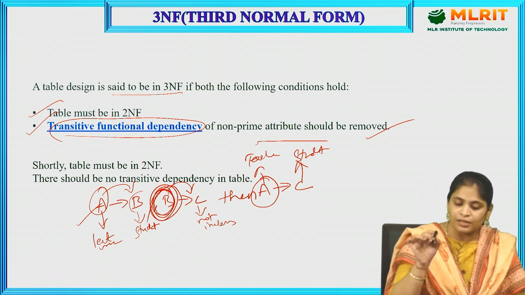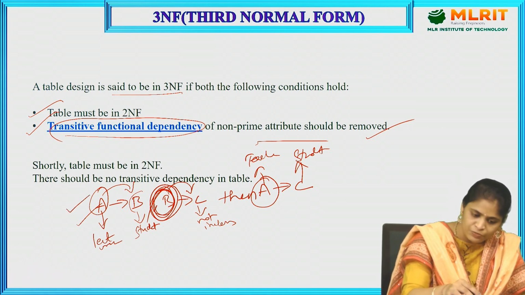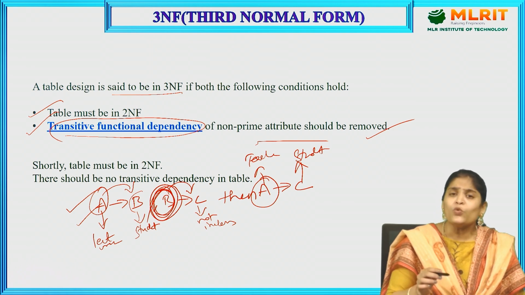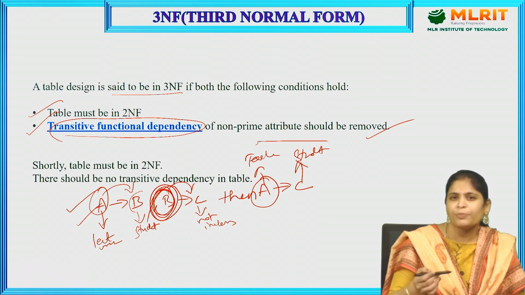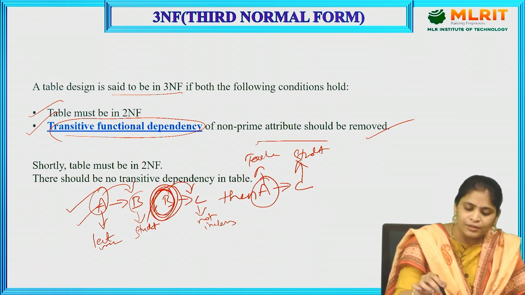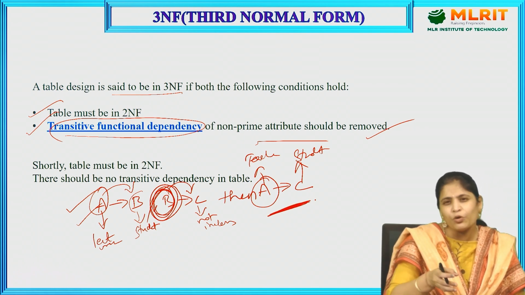If a table or functional dependencies exist in this format, we have to remove it. Why? Because one non-prime attribute cannot determine another non-prime attribute. What is the result of this? Let us think in a more generic manner.